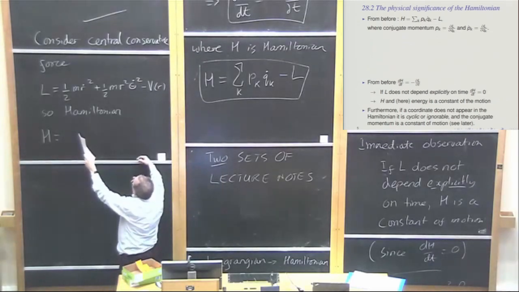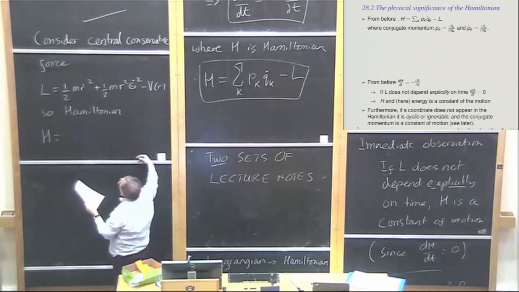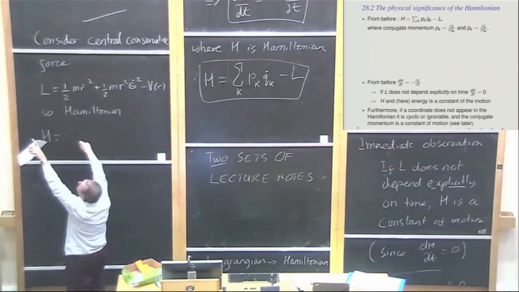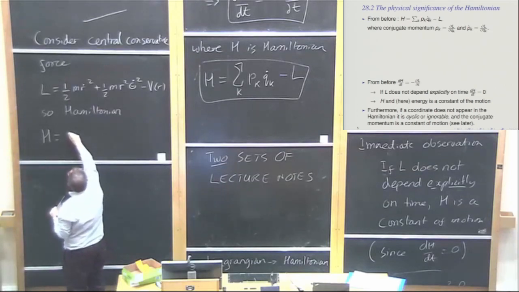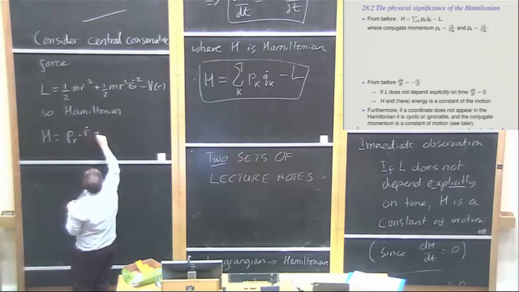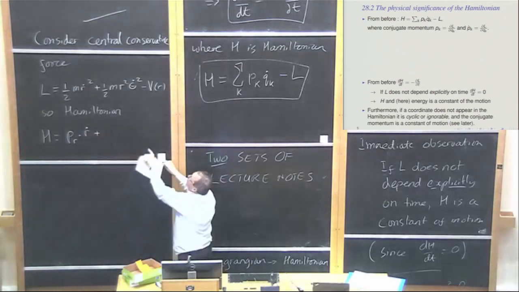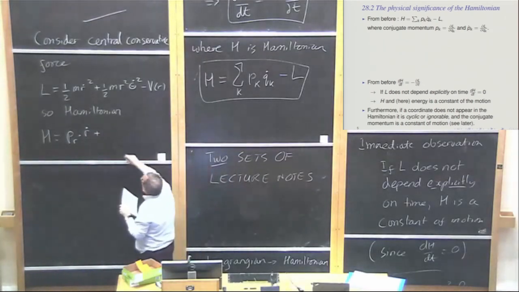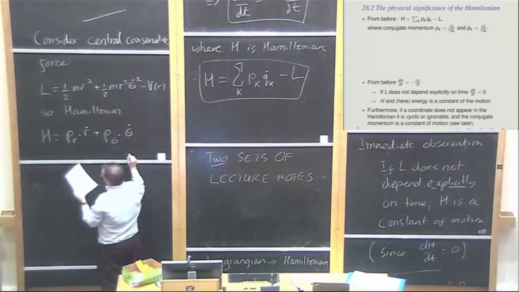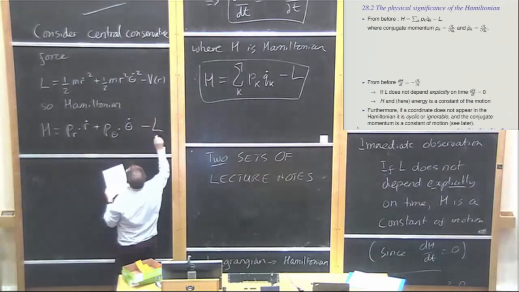So we have the momentum associated with r, so that is p subscript r multiplied by r dot, and then we must also worry about the theta coordinate, so we have p theta multiplied by theta dot, and then minus the Lagrangian.